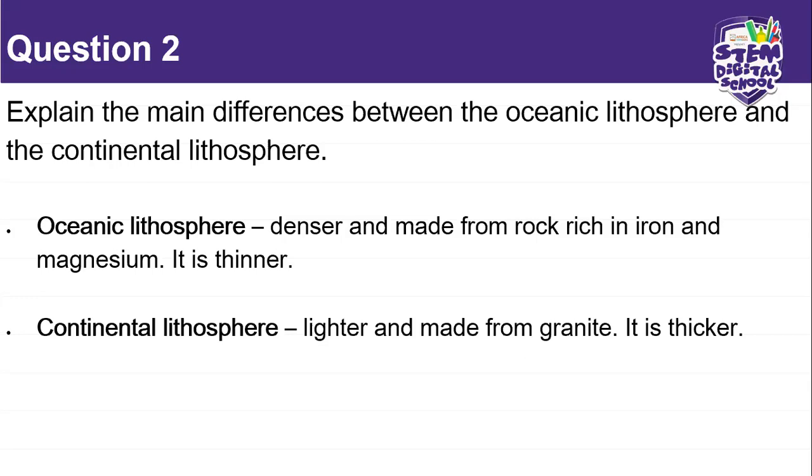And then the continental lithosphere, it is lighter and made from granite. It is thicker. So that is the main differences between oceanic lithosphere and the continental lithosphere. Remember, the lithosphere is beneath what? The plates or the crusts. So just correct your work there.